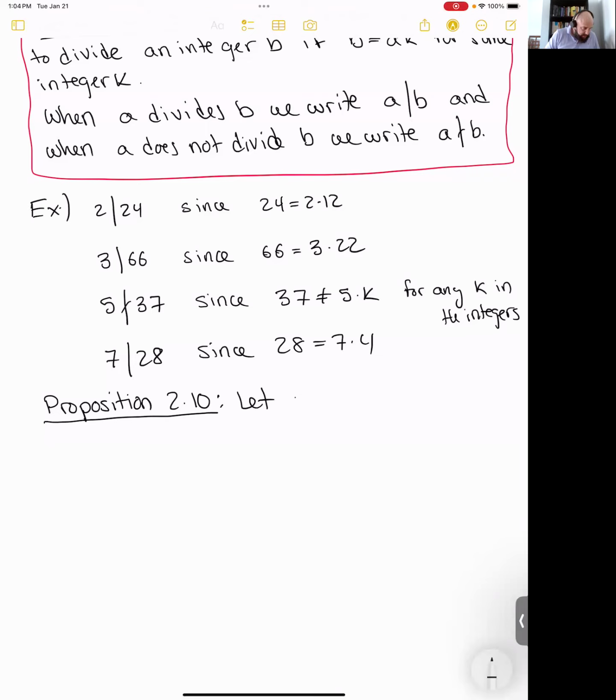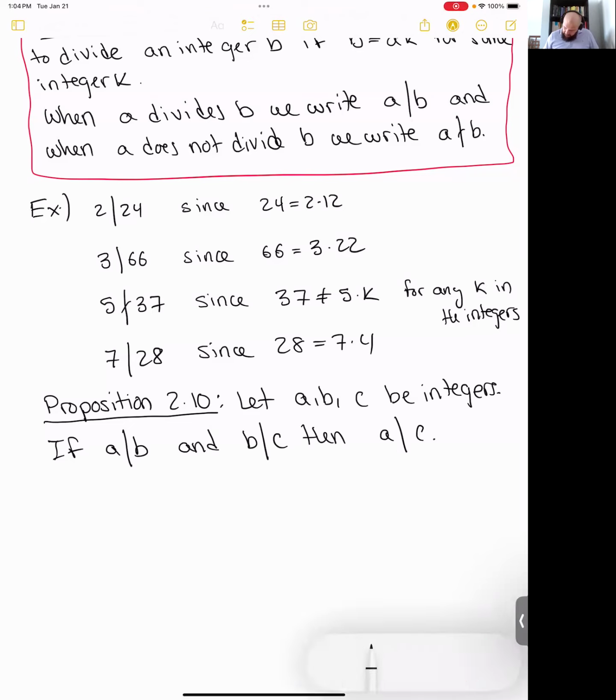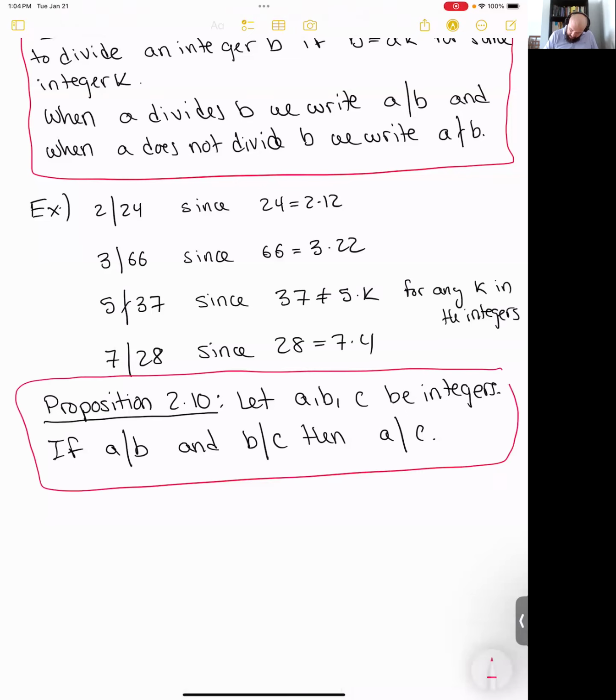Let A, B, and C be integers, and if A divides B and B divides C, then A divides C. Okay, so this is a nice little proposition that we can prove now to practice a direct proof involving divisibility.